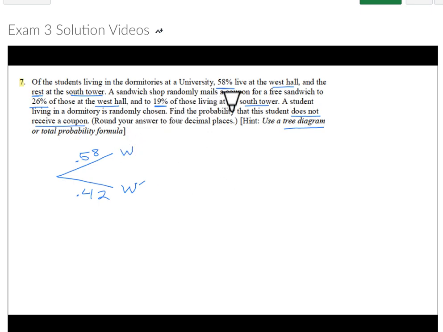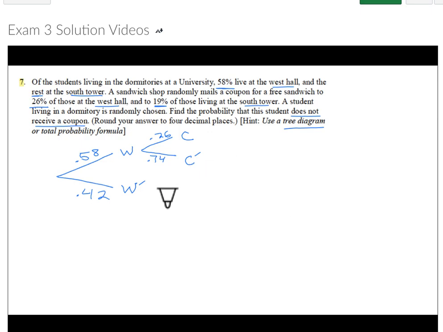Okay. Now we're told, secondly, who's going to get a coupon for a free sandwich? Well, those in West Hall, conditioned on being at West Hall, the coupon is going to go to 26% of them, 0.26. And so we could say those that don't receive a coupon will be, what's that, 0.74?